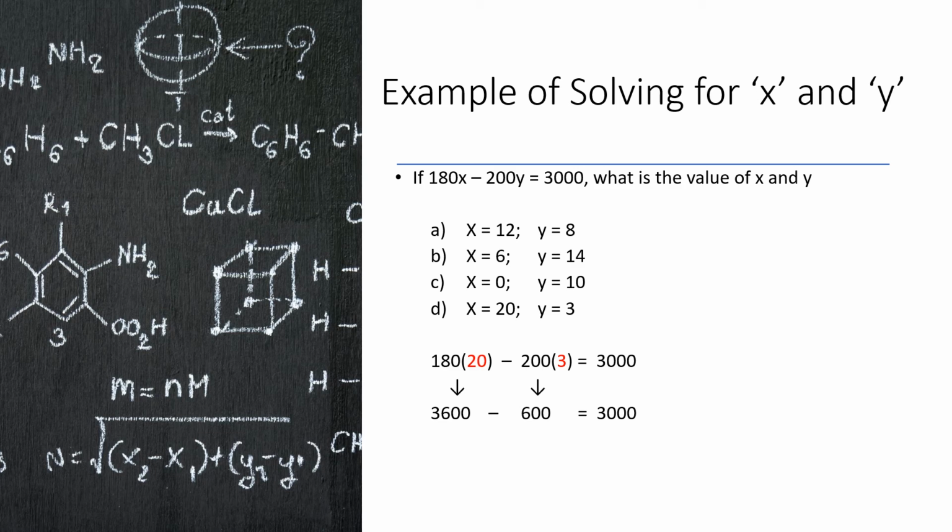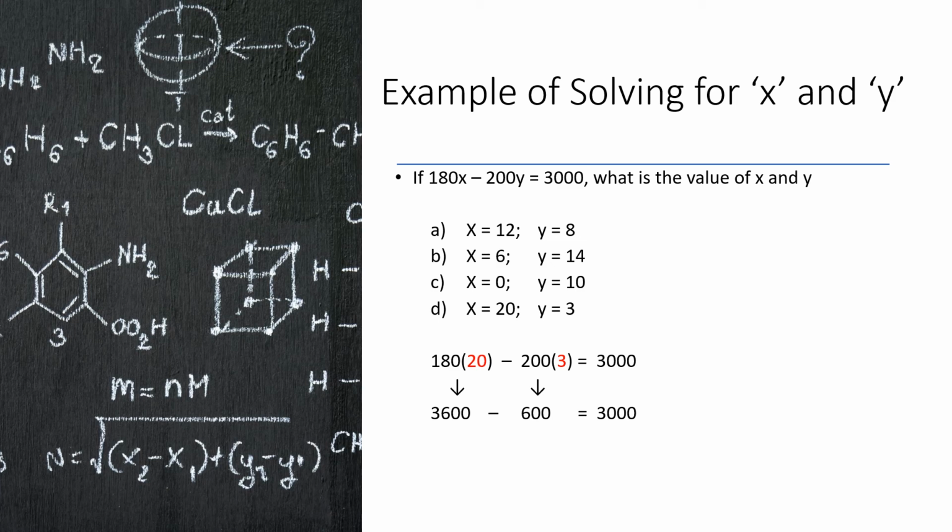C, x equals 0, y equals 10. D, x equals 20, y equals 3. D is the correct answer, because when we insert x equals 20 and y equals 3, we get the right answer.